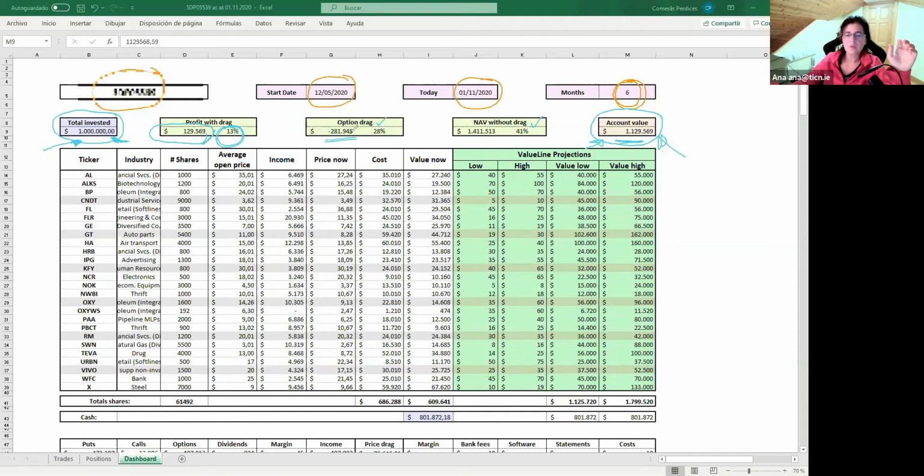This 281,945, what happens with it? Well, we sold puts. This is a line of time. We sold them here, and they are going to expire in one month's time, two, three, four, five months, whenever it is. As we progress in time, the time value, as we know, goes down. Share price can go up and down, but the time value is going to decrease.